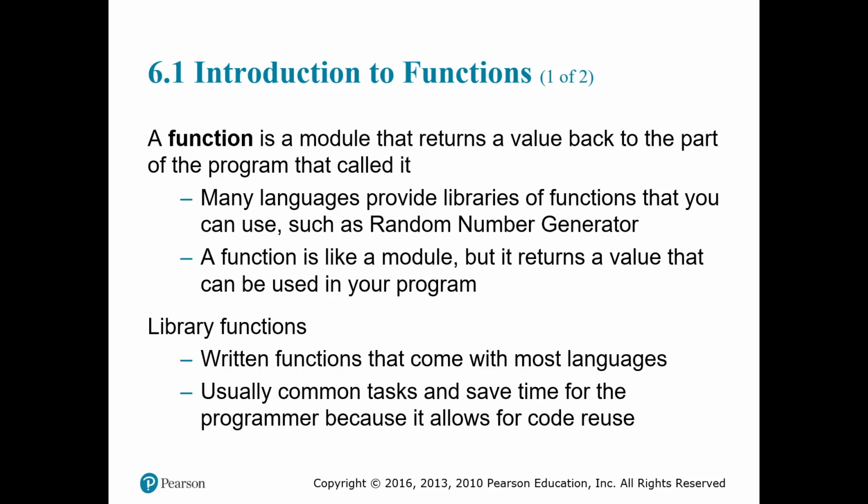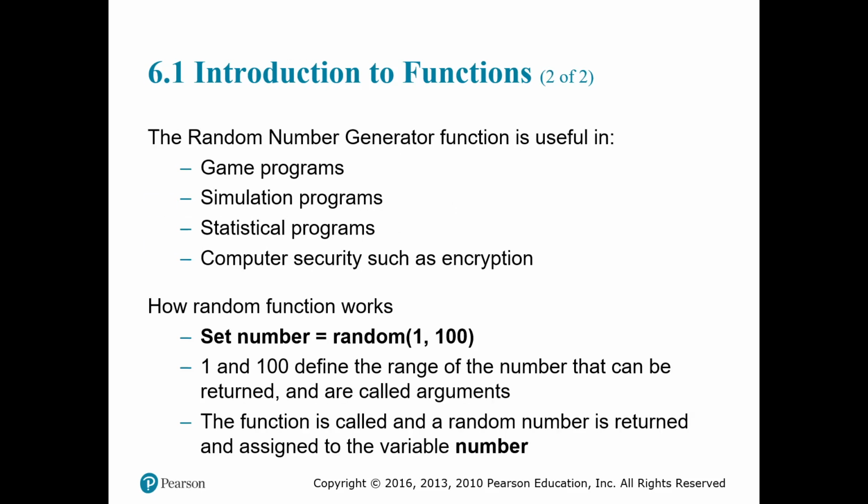It's usually just some common tasks that will save you time whenever you write your code. The random number generator is useful in games, in simulation programs, statistical programs, and computer security, such as encryption. It's really big in encryption.